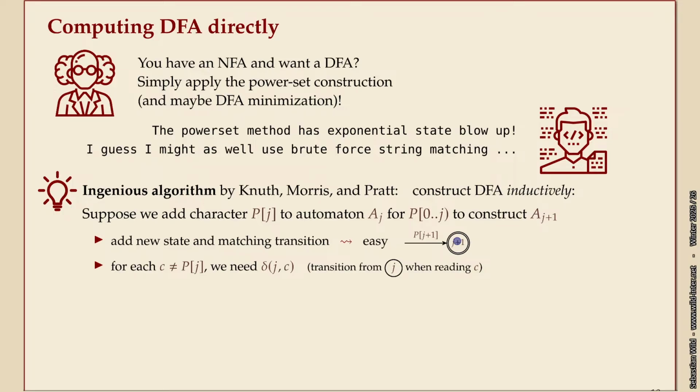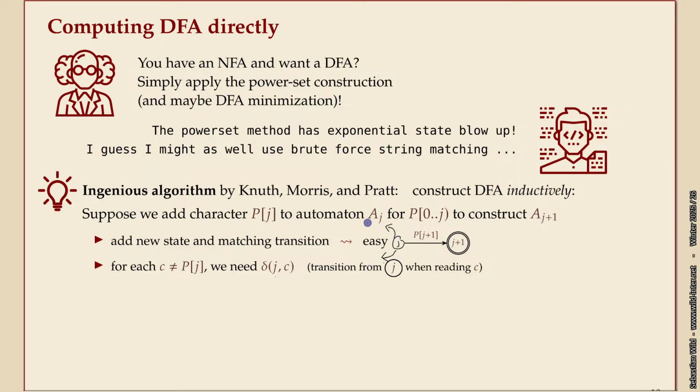But for the previous state, there used to be this state j that used to be the accepting state before the pattern grew. That now loses its status as an accepting state. And it needs to get these extra edges that go back. So we need to find out where these go. In the formal notation for automata, we write delta as a function that gives, for a current state and the next symbol that we read in the text, the next target state.